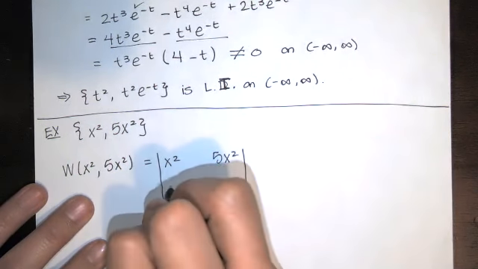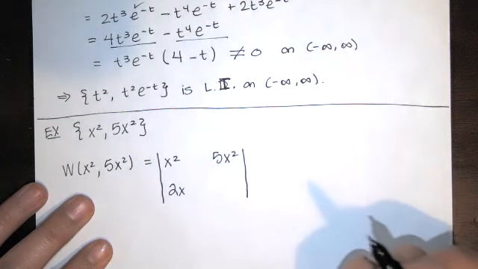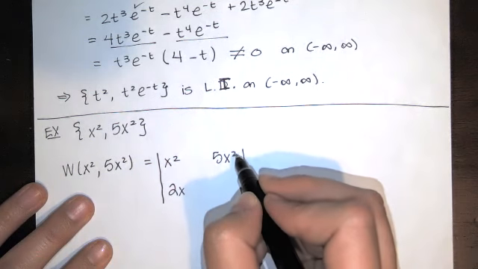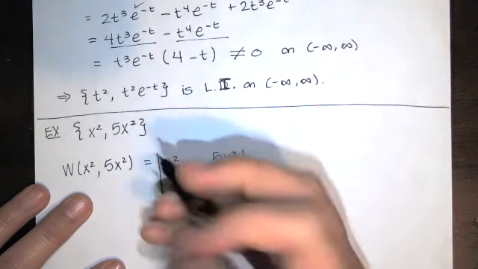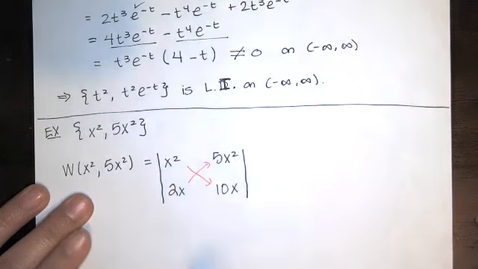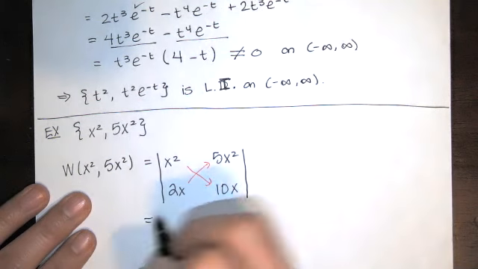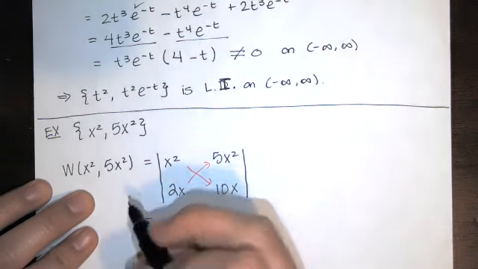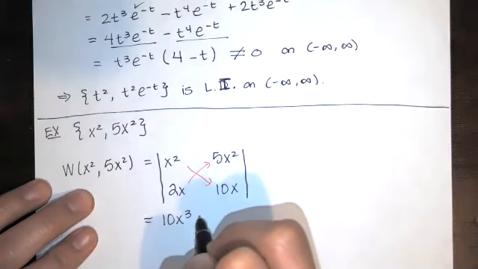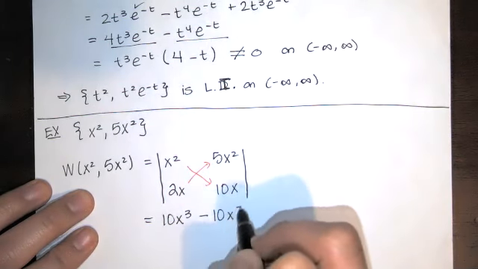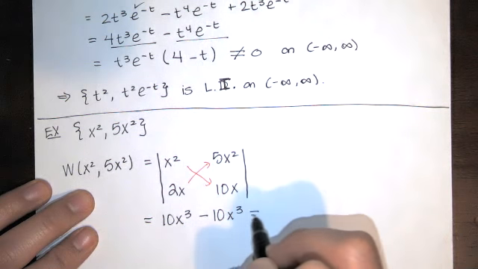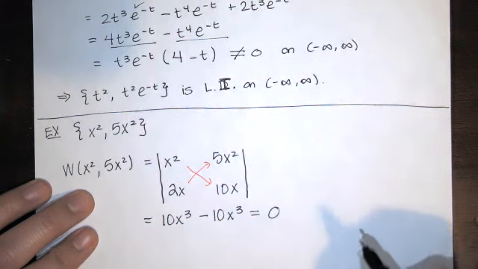The derivative of x squared is 2x, and the derivative of 5x squared is 5 times 2x, so that's 10x. Multiply across this diagonal and subtract. So we get 10x times x squared, which is 10x cubed, minus 2 times 5, which is 10. X times x squared is x cubed, and those reduce, and we just get 0 for all values of x.